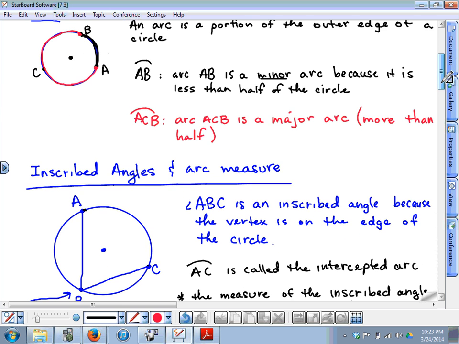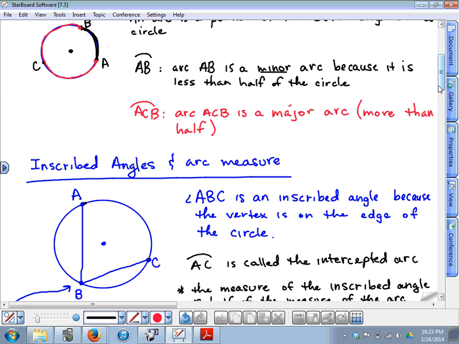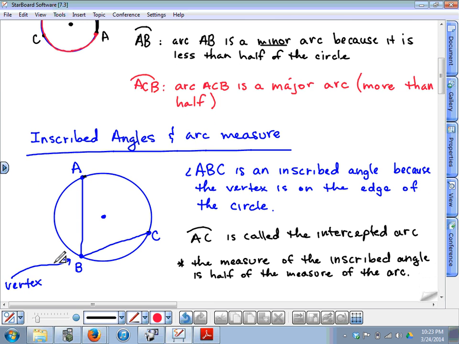The next topic here are what are called inscribed angles. So draw another circle and label some points around the outer edge of the circle, and then draw an angle starting from point A to B to C. The important thing to note here is that the vertex of the angle lies directly on the outer edge of the circle.